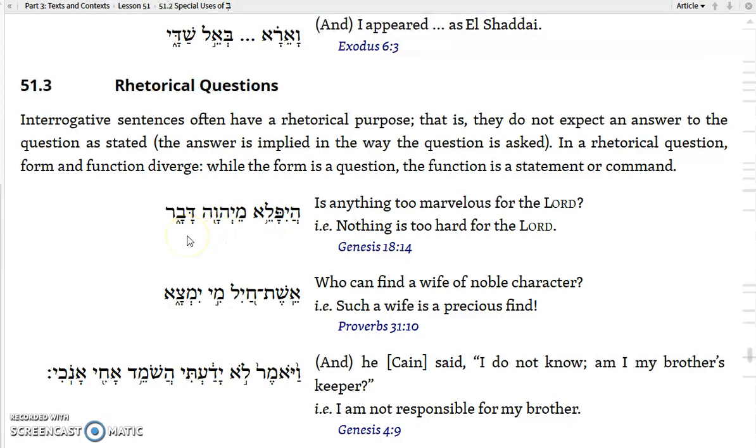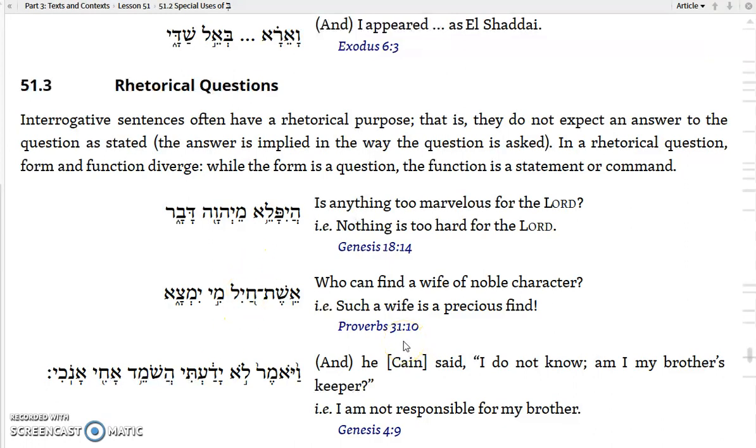Is anything too wonderful for Yahweh, the comparative min. And so the question is, is anything too marvelous for the Lord? And it implies the affirmation, nothing is too hard for the Lord, though it's stated as a rhetorical question.